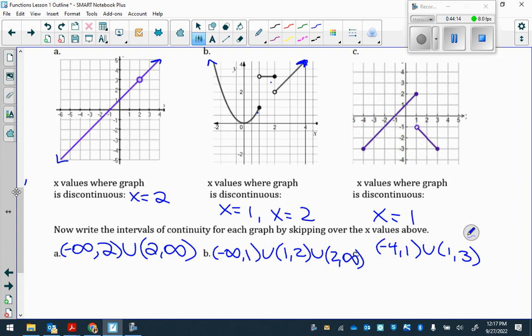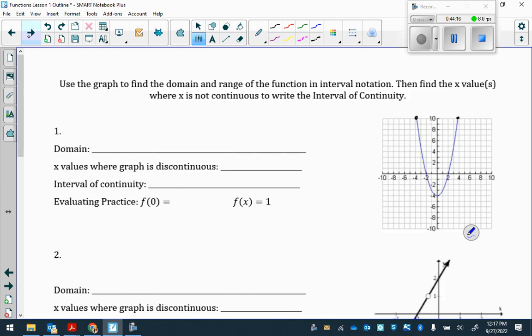We're going to try some practice. You're going to see a difference now. There might be the same similarities, there might be differences. So, looking at number 1. What is the domain?